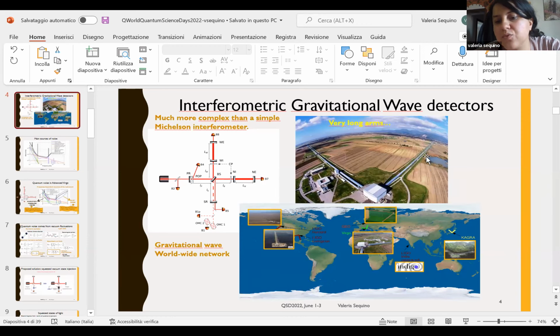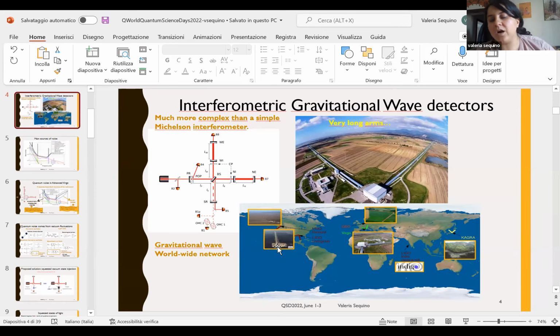Here maybe it's easier to see this displacement. And the idea was from the beginning to have a network of interferometers that are oriented in a different way, so that if the gravitational wave passes, some of the interferometers can see the gravitational wave.